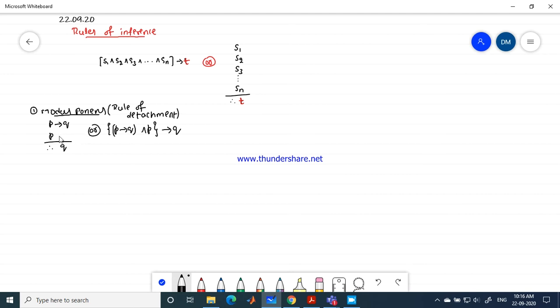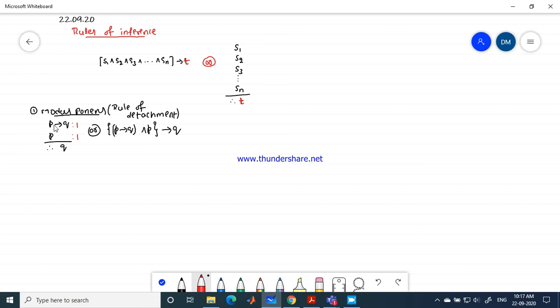Now have a look at this one. I am saying my premises are true. Under rules of inference, as I told you, our premises are always true. If P is a true statement, and P implies Q is also a true statement, then what should be the truth value of Q? Q has to be true. That is what I have written here. Is that clear? I am assuming that P is a true statement and P implies Q is also a true statement.